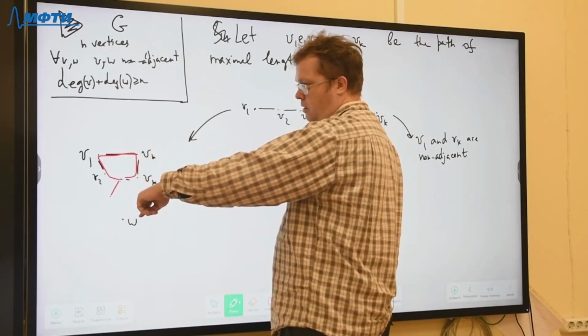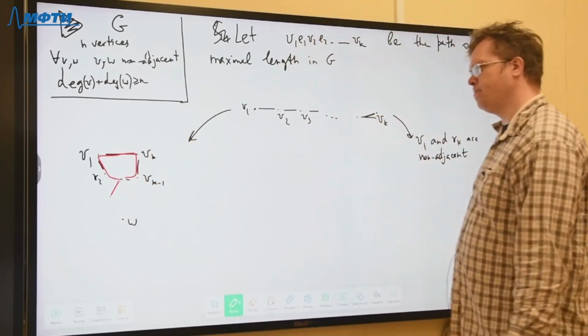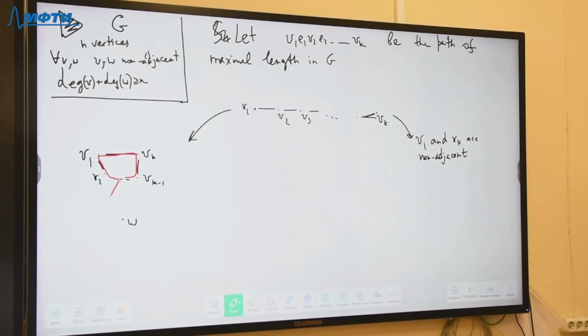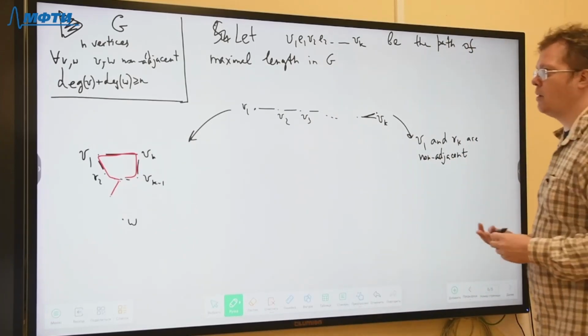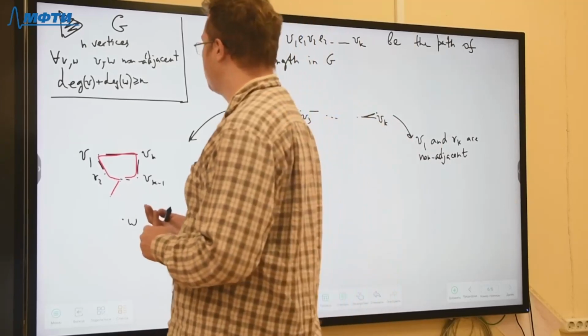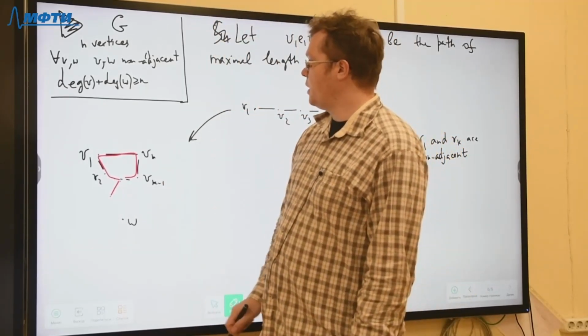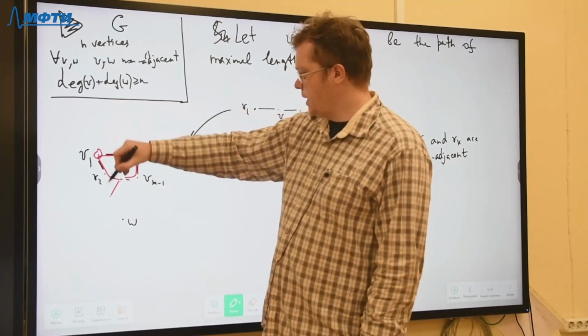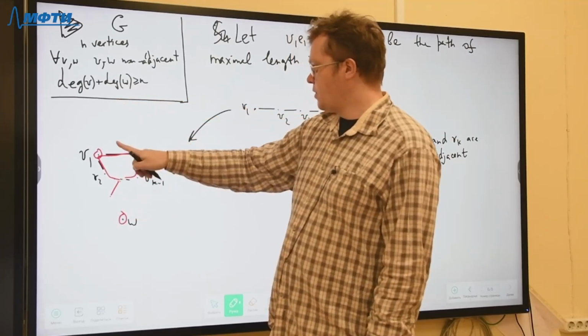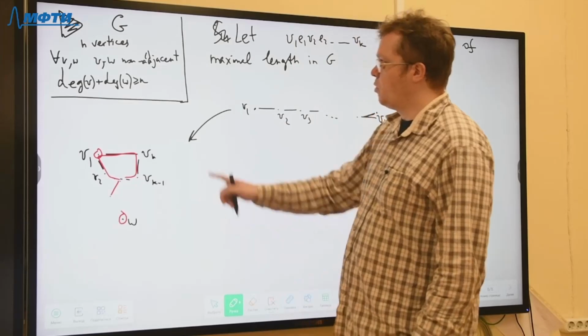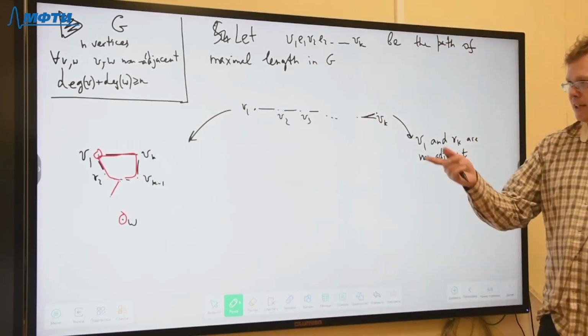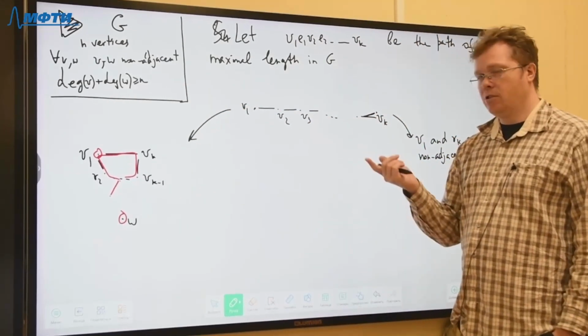But of course, our graph should be connected, because if we take this omega and any vertex from our cycle, the sum of the degrees is greater than or equal to n, which means that they have a common neighbor.